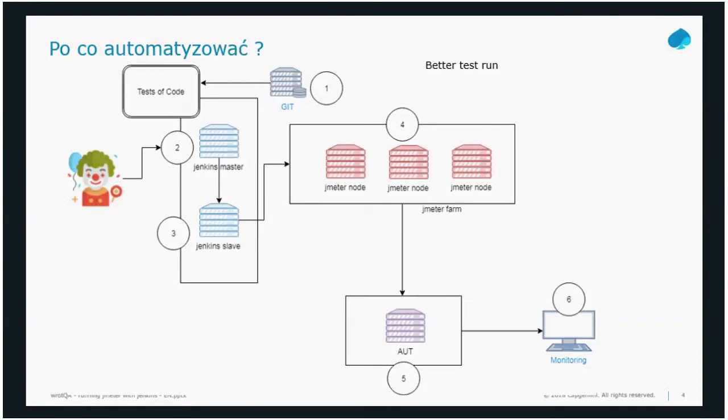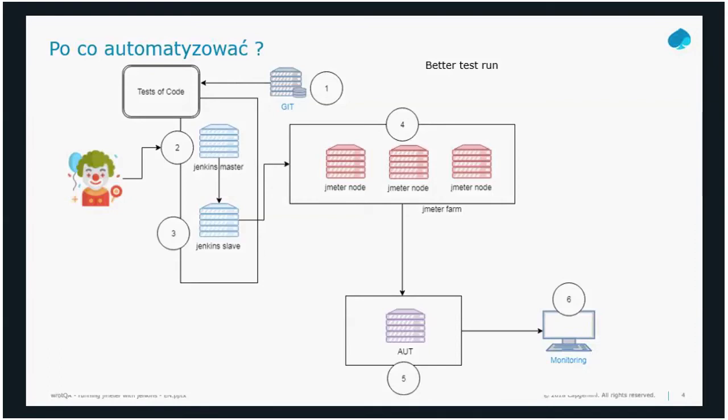Well, that's why we need to extend it so that the execution of our test no longer depends on a single individual, that we can keep JMX files, so JMeter tests as code, in a GitHub repository, and that we can use some scalable compute to execute them. So for instance, a JMeter farm, whether this is built from Docker or whether this is set up manually, that doesn't really matter for us in that presentation.